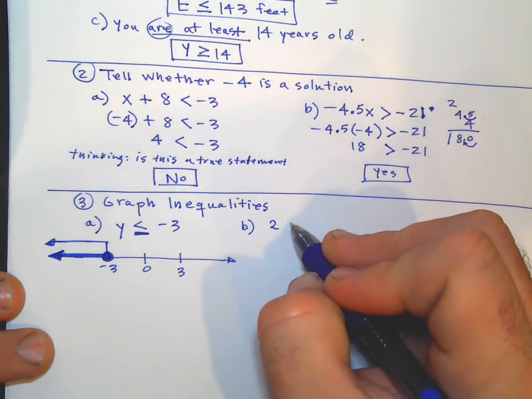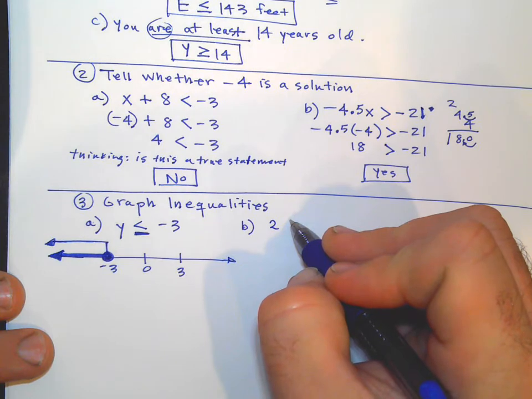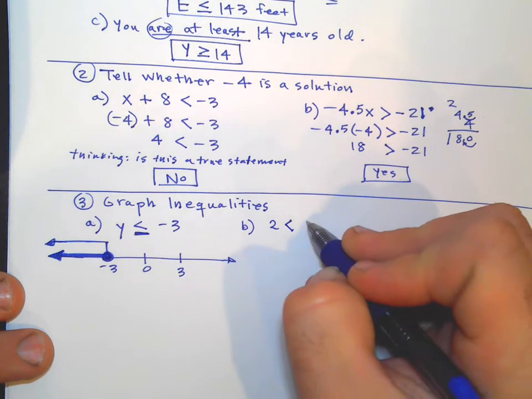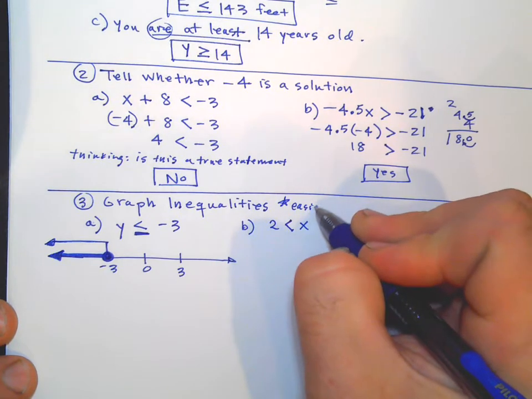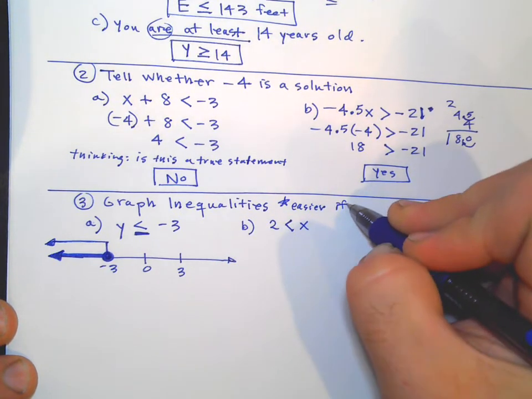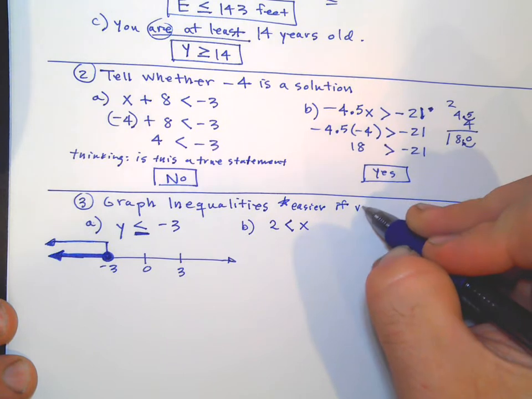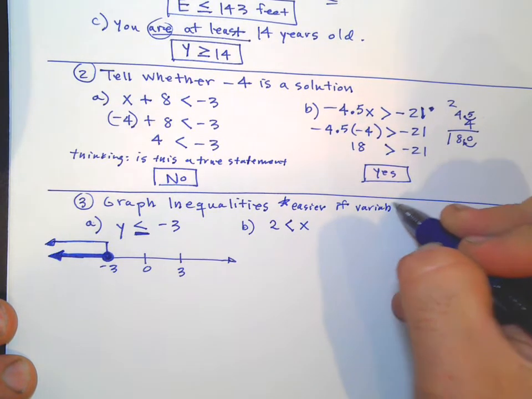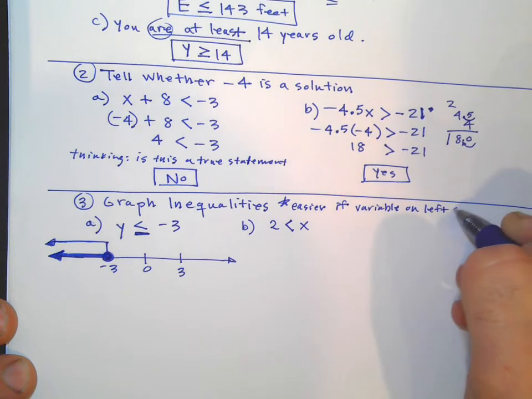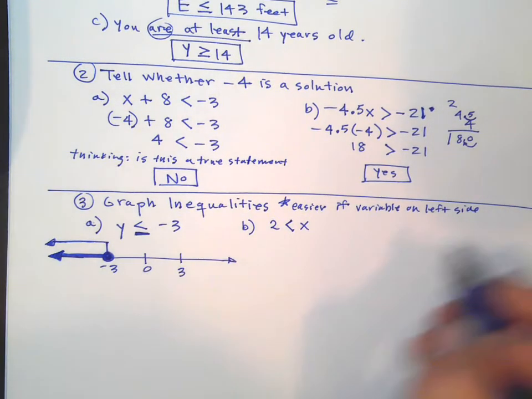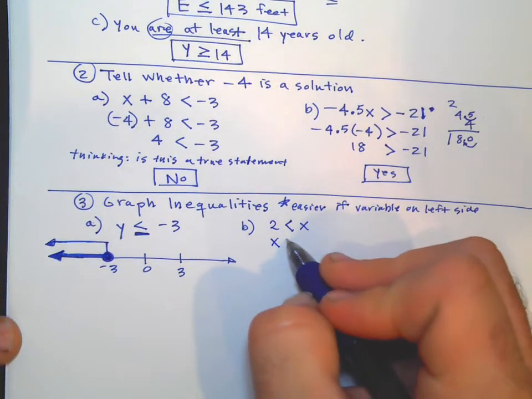Now, I'd say that usually it's easier if the variable is on the left-hand side. Now I'll show you why. So here, I would flip this around.